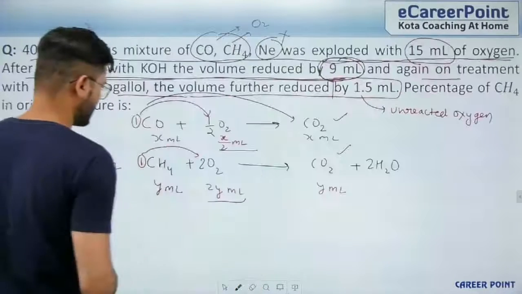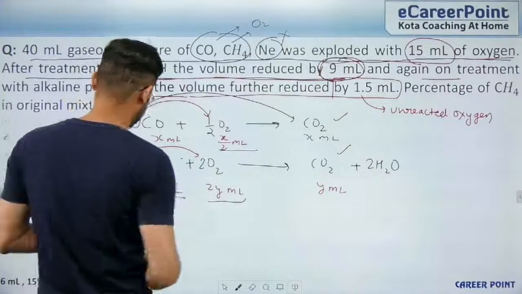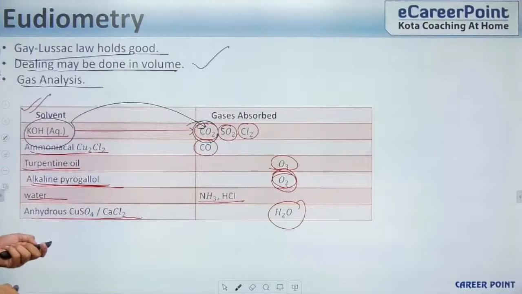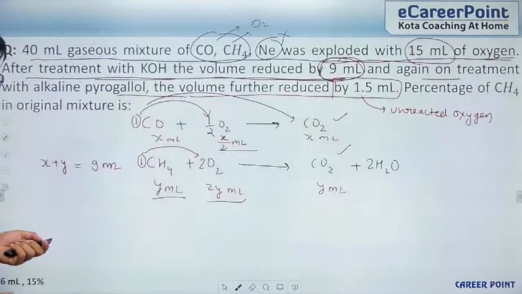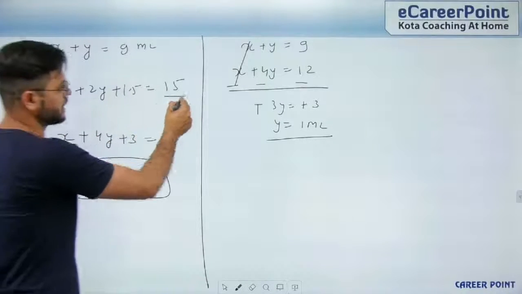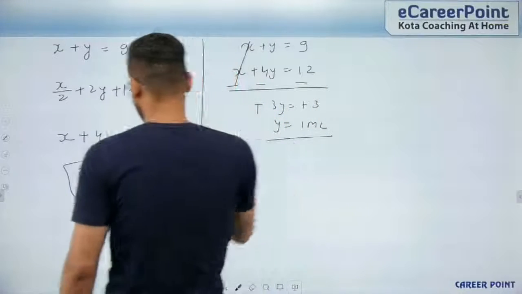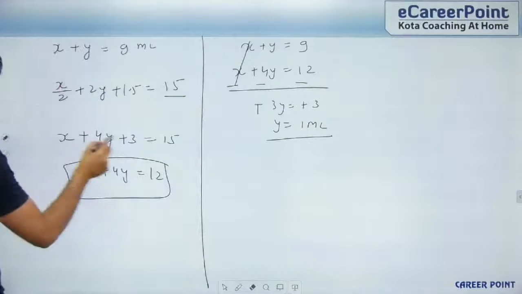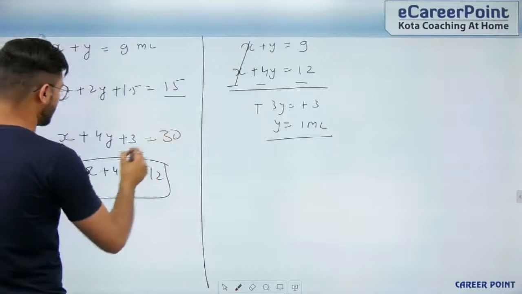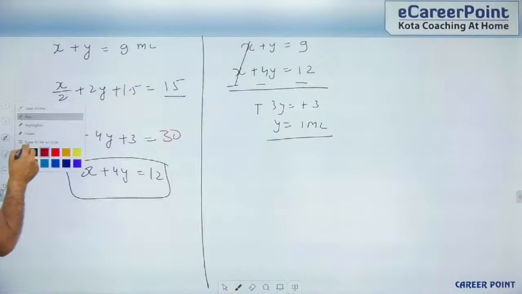What is the Y? Y is the CH4. Okay, so why is it 1 ml? Let's see the equation again. Is there something wrong we have done? Okay, so we have written this wrong, so it will be 30. Just a minute. When you take the LCM of this, it will become 30, and 30 minus 3 will be 27, my dear students.